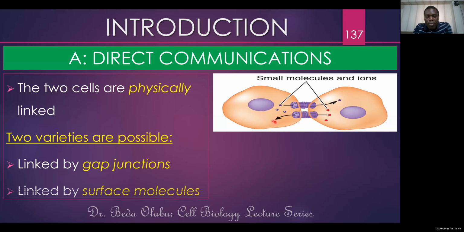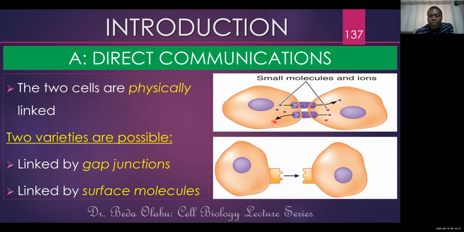The second type of direct intercellular communication is where the two cells are communicating via some surface molecules. For example, in this image, there are some surface molecules, which means that those molecules are on the cell membrane. The surface molecule of the cell and the surface molecule of the other cell, and this other surface molecule is a receptor for this one.